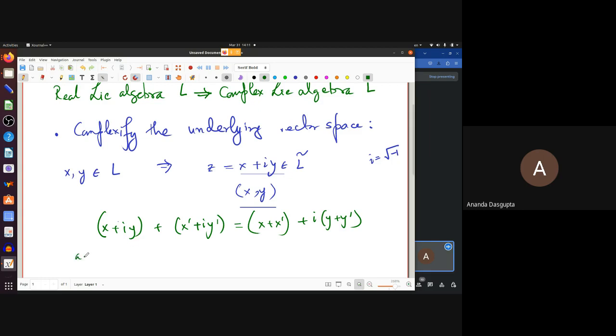And multiplication of x plus iy, this vector, by a scalar of the form a plus ib. Now we are talking of complex numbers. Remember, we are talking of complex vector spaces, so we have to have complex multipliers now. It can be simply defined to be ax minus by plus i times bx plus ay.